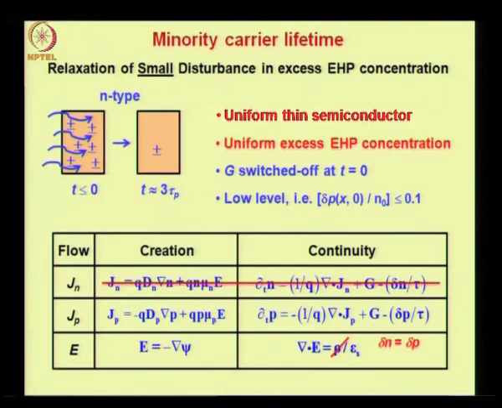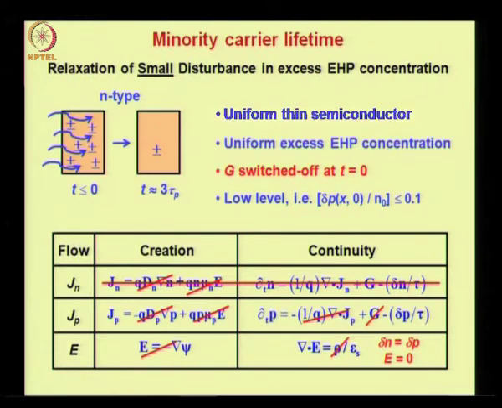Let us see what other approximations are allowed because of the charge neutrality condition. Since excess electrons and holes are equal in concentration, the diffusion currents drop out. Since rho is 0, we have shown that electric field is 0, and therefore the drift terms drop out. Since the whole current itself is 0, the divergence term of the continuity equation of interest drops out.